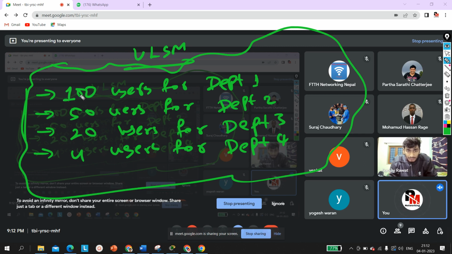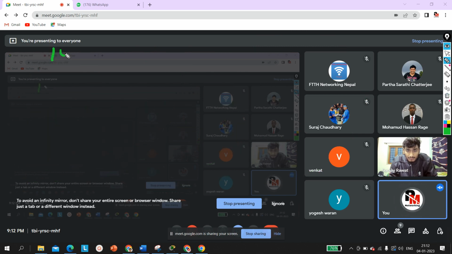We need 100 IP addresses, after that 50, then 20, and then 4. So you arrange them like this: 100, 50, 20, and 4. And suppose my main network is 192.168.10.0/24.